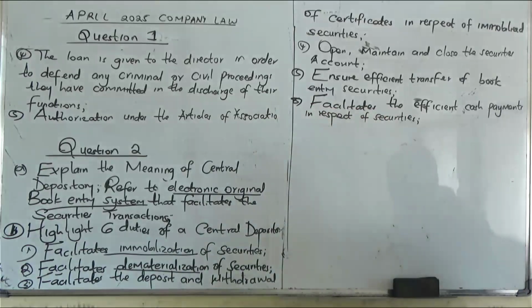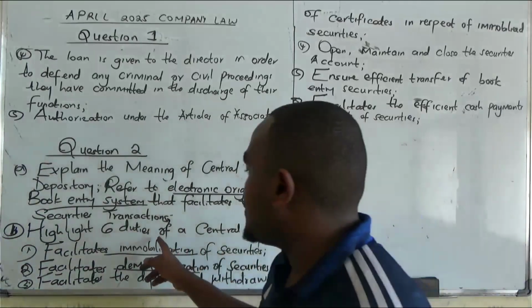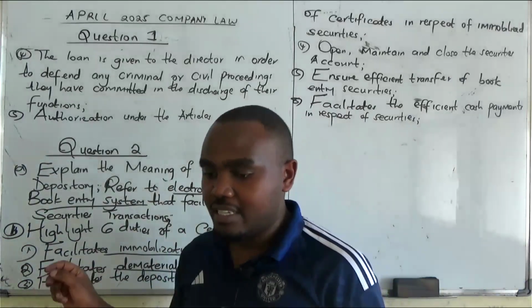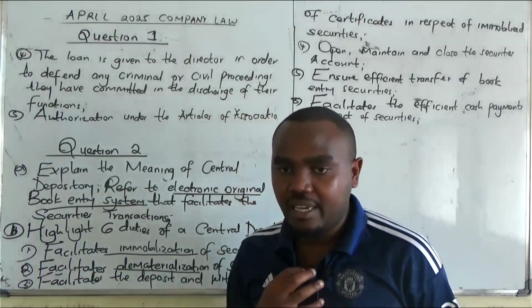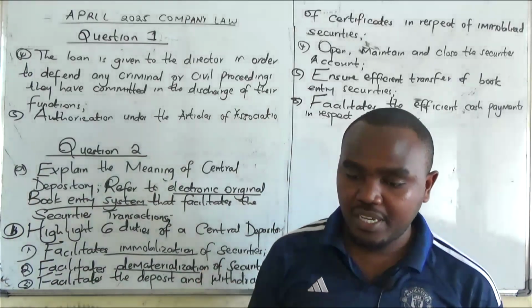Let me explain to that person who is still surviving. We have said, and we want to repeat, that the duties of a central depository come from the transfer of shares. And one of the forms is electronic.